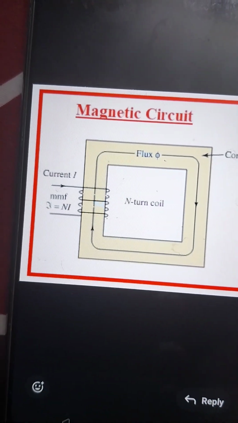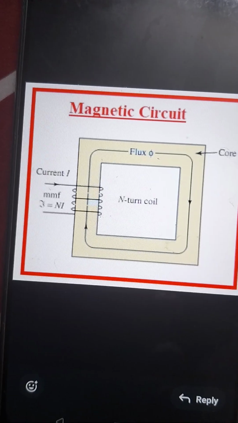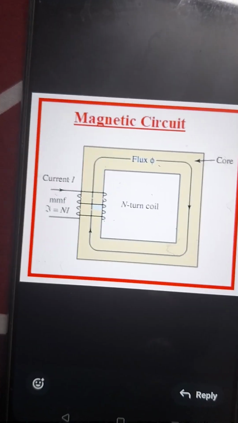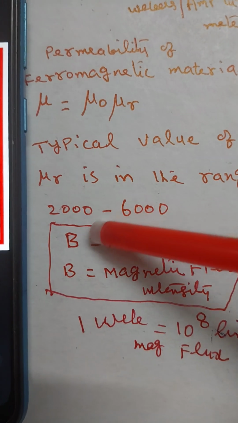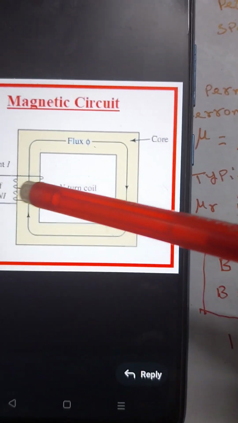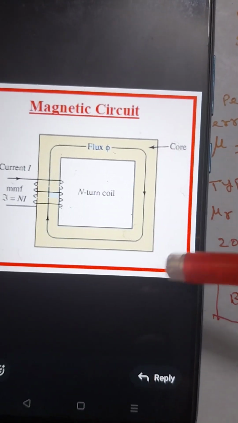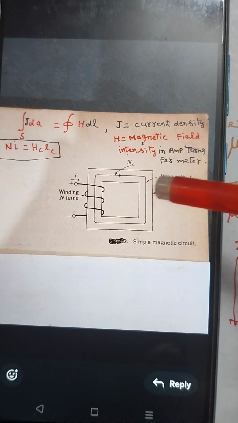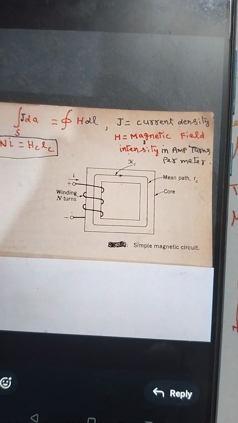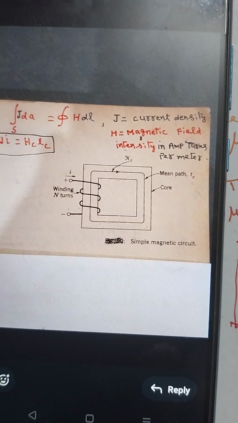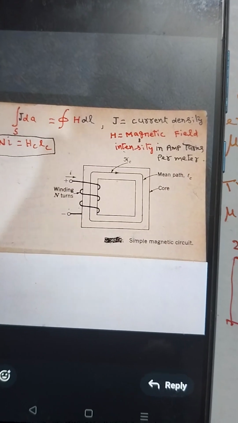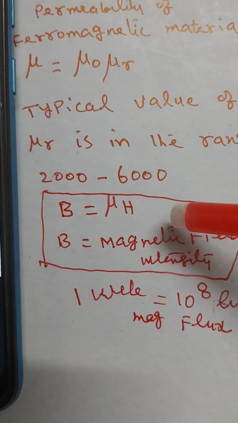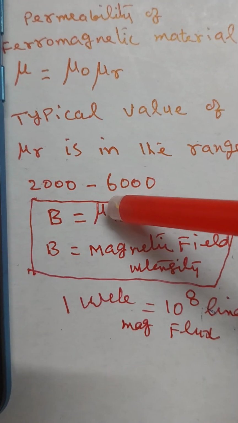Okay, so magnetic field intensity H produces a magnetic flux density B everywhere it exists, with value B equal to mu H, where mu is the permeability of free space.